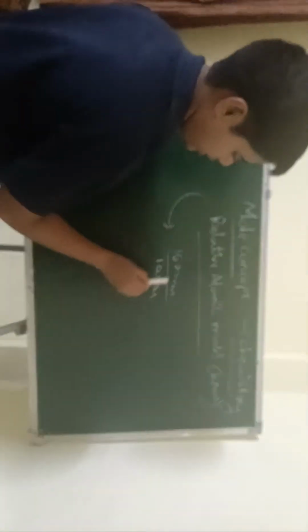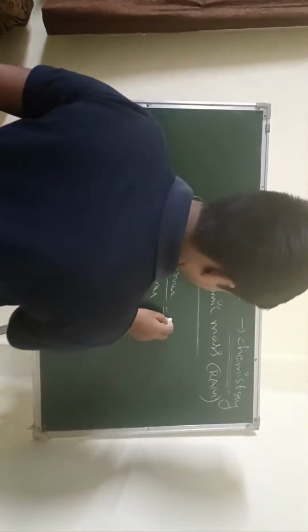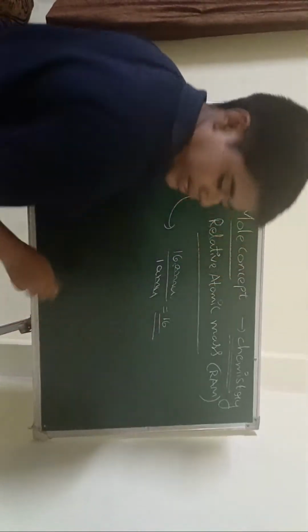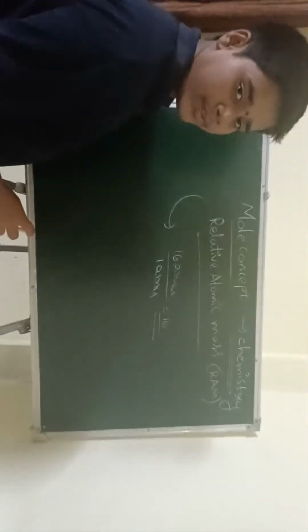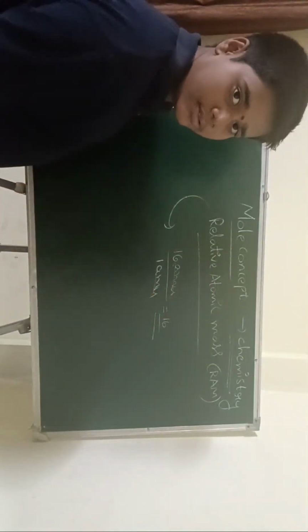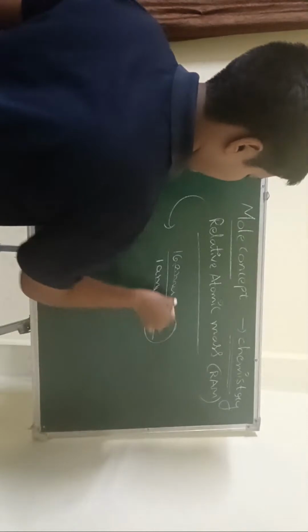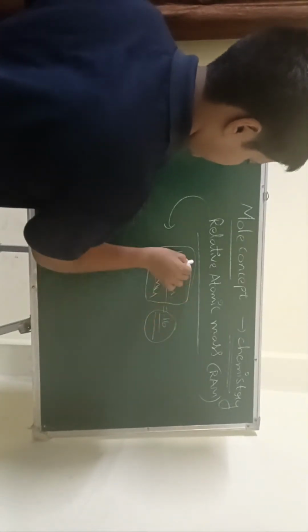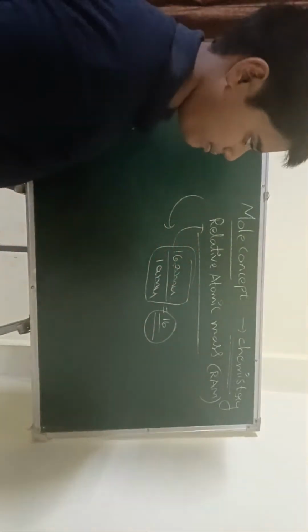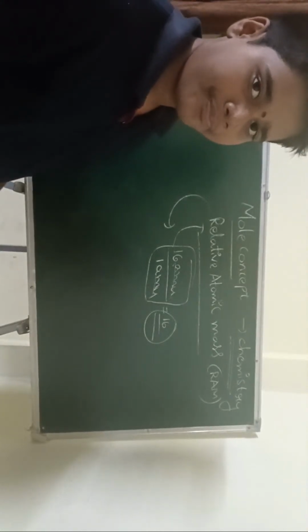So AMU gets cancelled and it becomes 16. It is a mere number with no units. So we call this relative atomic mass, RAM.